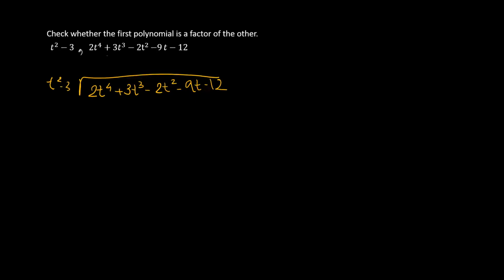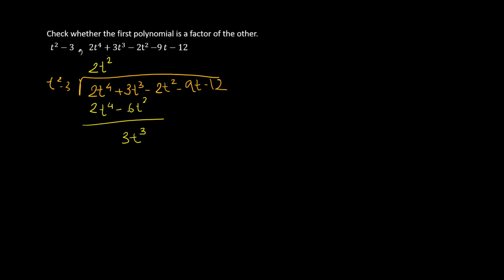Okay, to start, let's start multiplying it. So that will be 2t square, and I'll get 2t power 4 here, and 3 2s are 6, so that will be minus 6t square. That's dividing, and here we're gonna get 3t cube because we can't subtract t square from t cube.